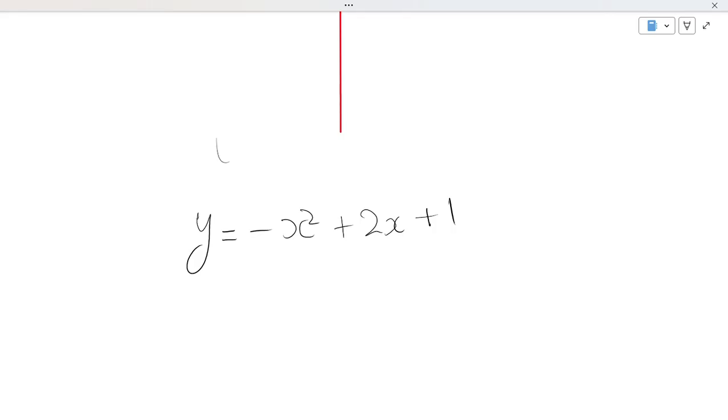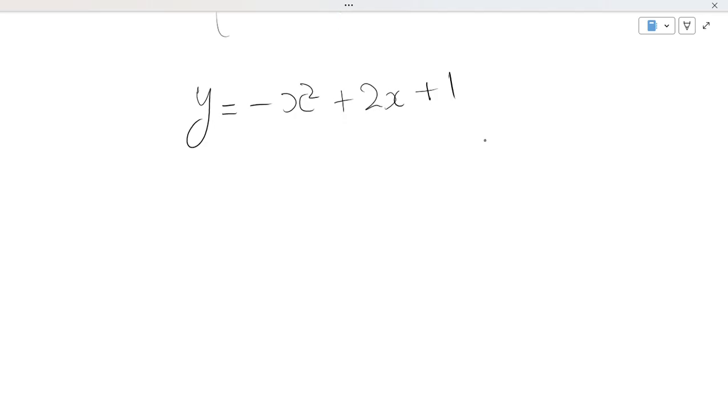But I want you to give me separately, one, the shape. How does the shape look? Is it a smile? Is it a frown? It's a frown. Two, I want you to give me the y-intercept. It's positive 1.